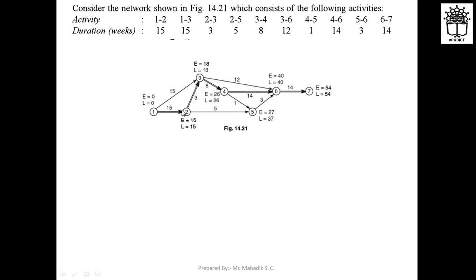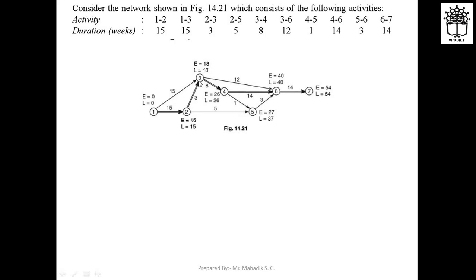Now here L is 37, 37 minus 5, it is 32. And here also you can calculate this way, 3 to 2, 18 minus 3, that is 15. But for 2, remember, we can calculate the L value by two methods, that is by 2 to 5 or 2 to 3. 2 to 5 we are getting 32 and 2 to 3 we are getting 15.